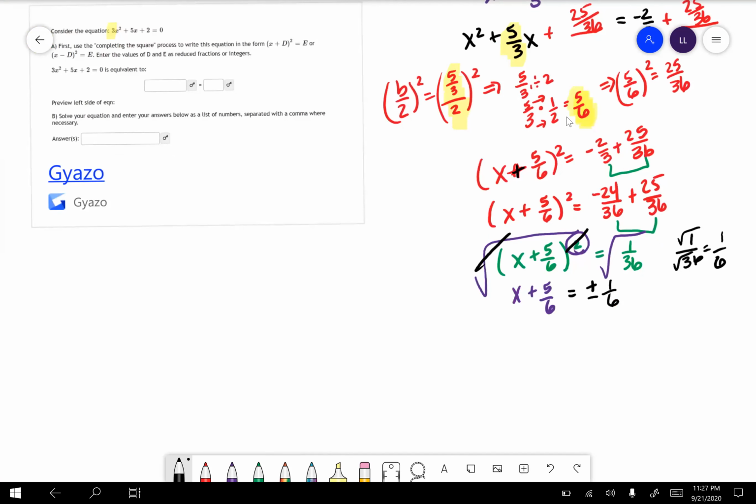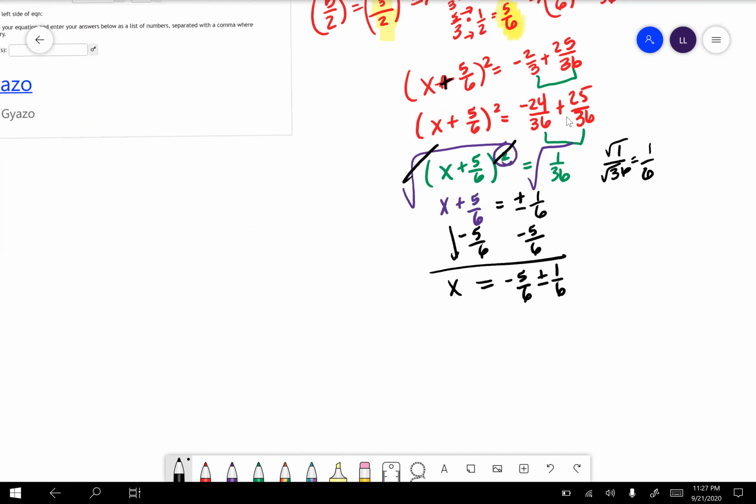So we've got to subtract 5/6 from both sides to get x by itself. And x is equal to negative 5/6 plus or minus 1/6. That gives us two problems, y'all. The first problem is x is equal to negative 5/6 plus 1/6. The second one is negative 5/6 minus 1 over 6.